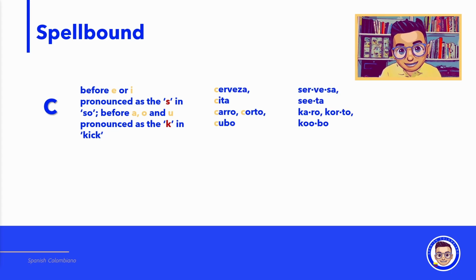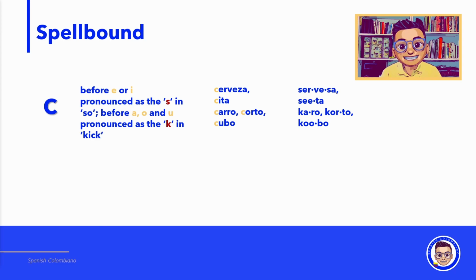With the word cerveza, which means beer, C is pronounced like S in "so" because after C you can see the E. Same with cita: after C you can see an I, so it's pronounced like S in "so."